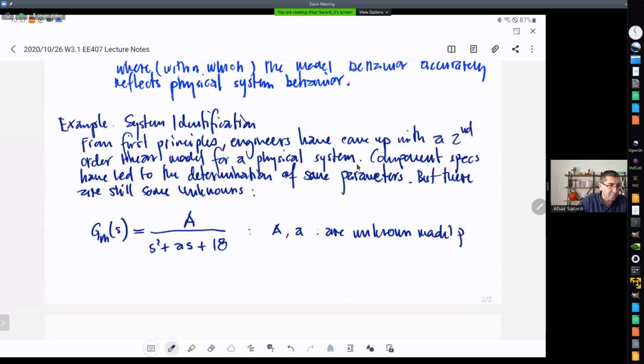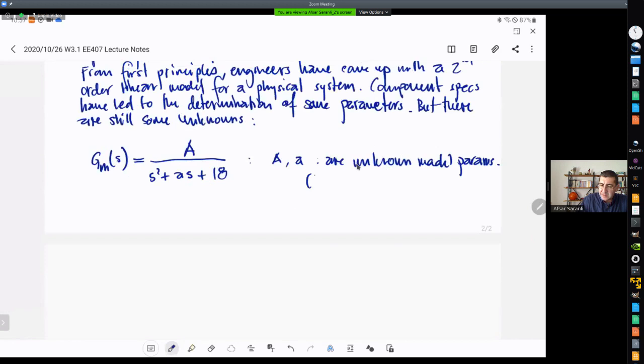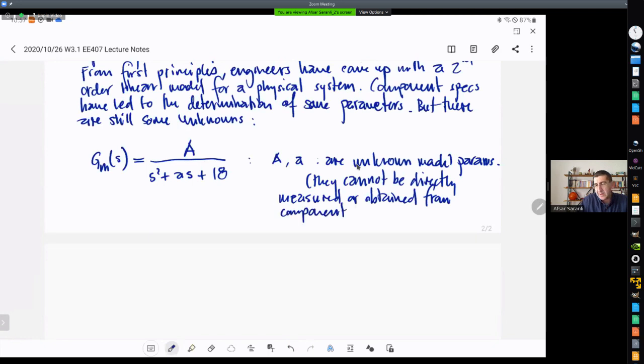Okay, so that means they cannot be directly measured or obtained from components specs, let's say.